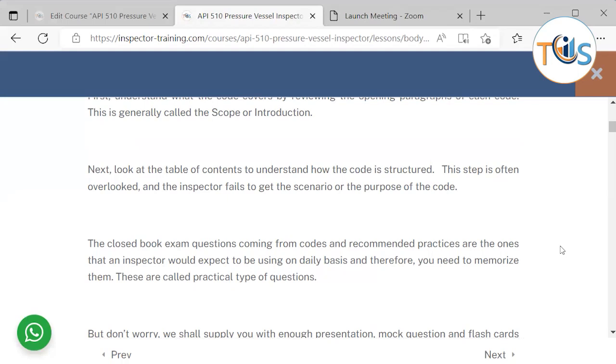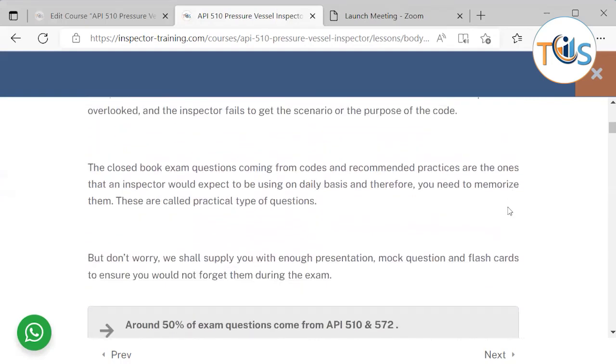So these are the basics that API wants to verify that you understood. And look at the table of contents, see how they are structured in the codes and recommended practice. This is often overlooked, and then you have difficulty during open book and go searching for them, because you should know how they are structured, so you know where to look.